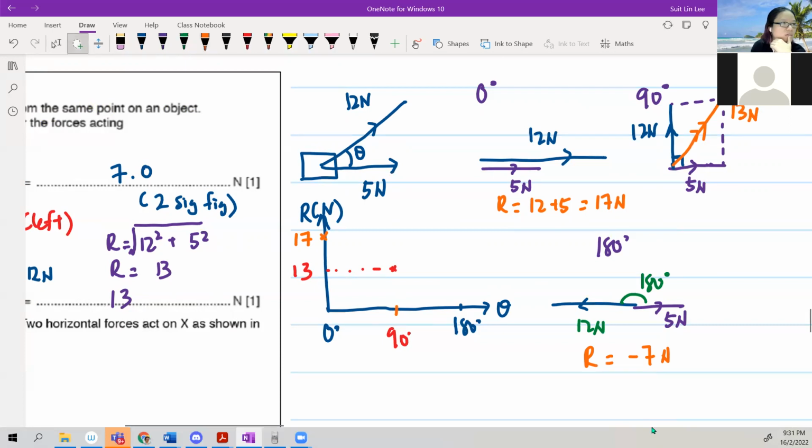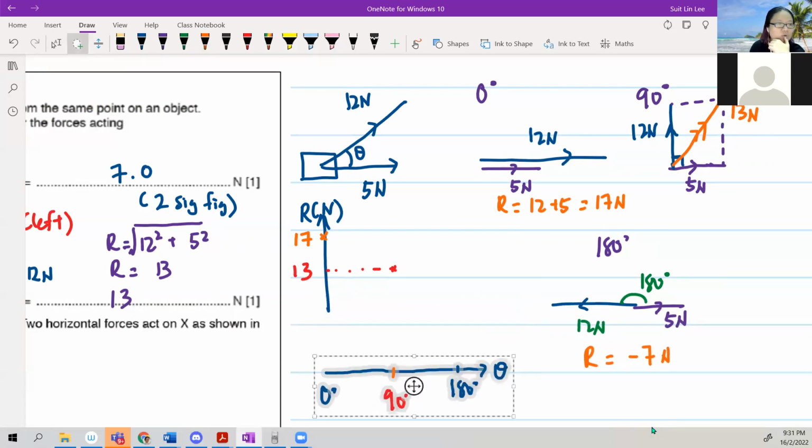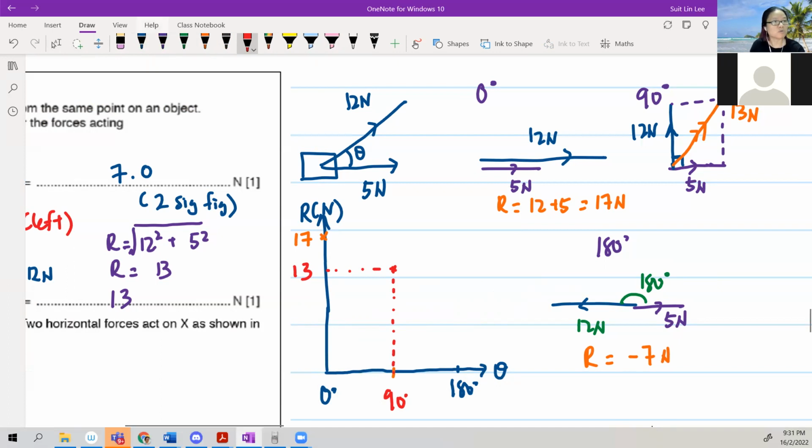I guess I need to move my axis a bit. Make it a bit more accurate or to scale. So 17 dropped to 13 at 90 degrees. And then 13 will drop to 7. So 7 is actually almost halfway from 13.